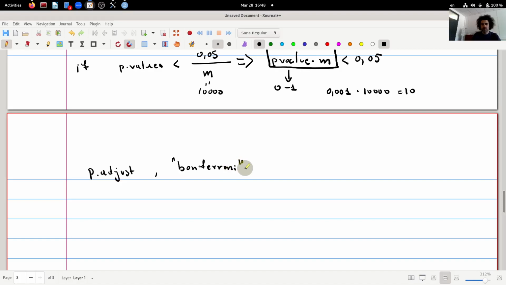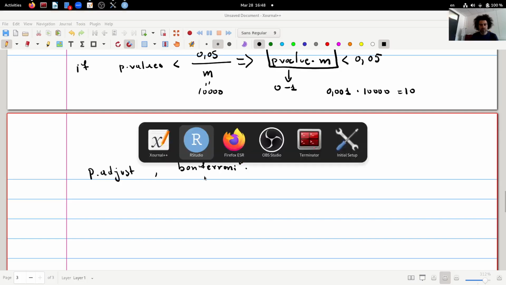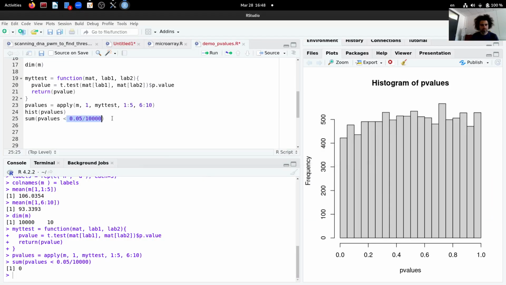Okay, so let's see what we will get based on this Bonferroni correction. So p.adjust of the p-values, method equal to Bonferroni. Now this will be the corrected p-values. Let's call it p Bonferroni.